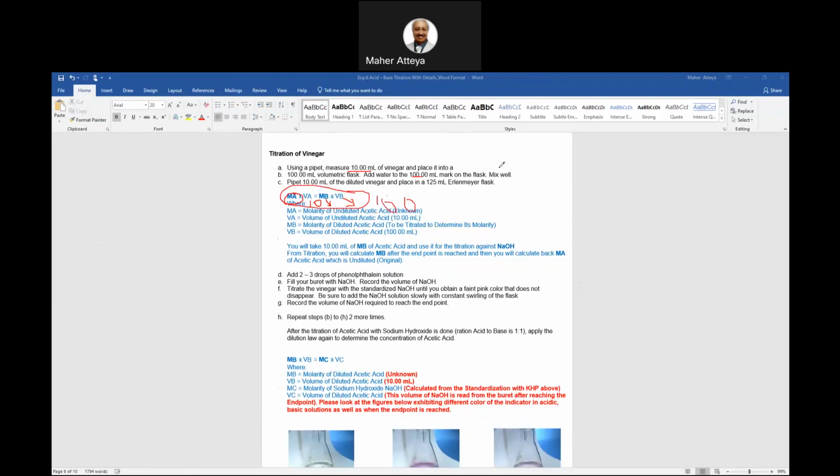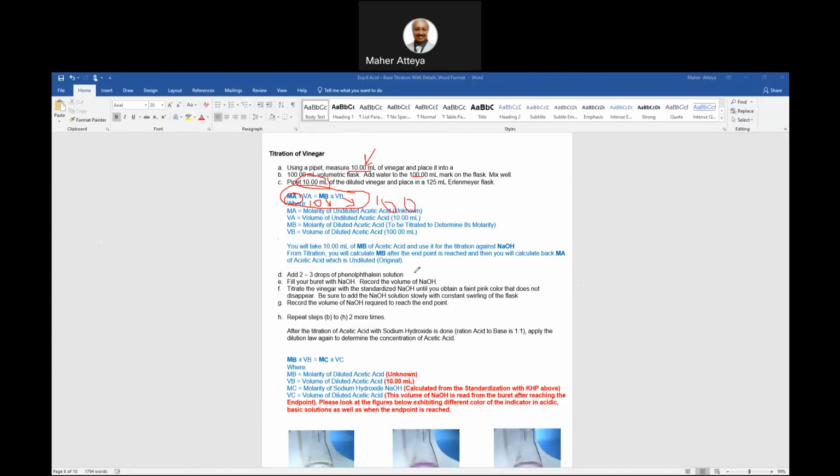So the idea is to get your diluted acetic acid concentration. So you will have this flask, and then from this flask here, you will pipette 10 ml. So 10 ml from the concentrated from the jar, you dilute it up to 100, and then you take out of it another 10, correct?